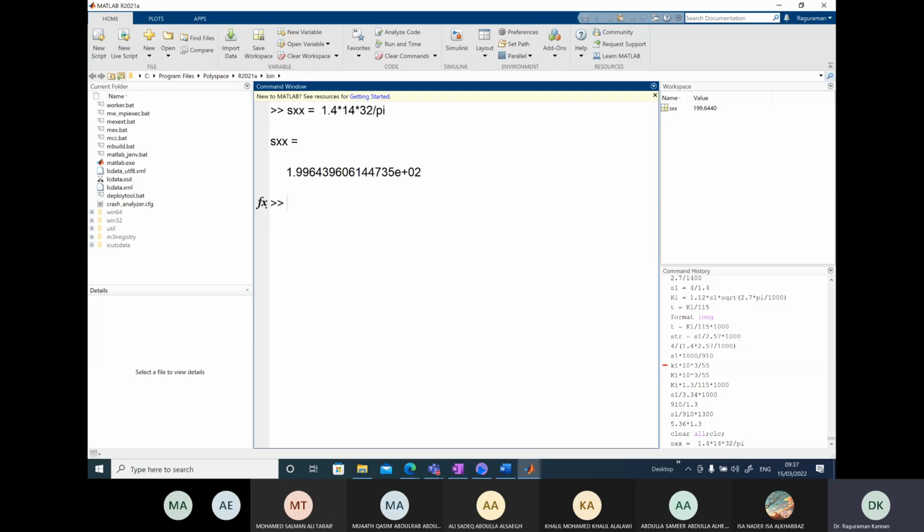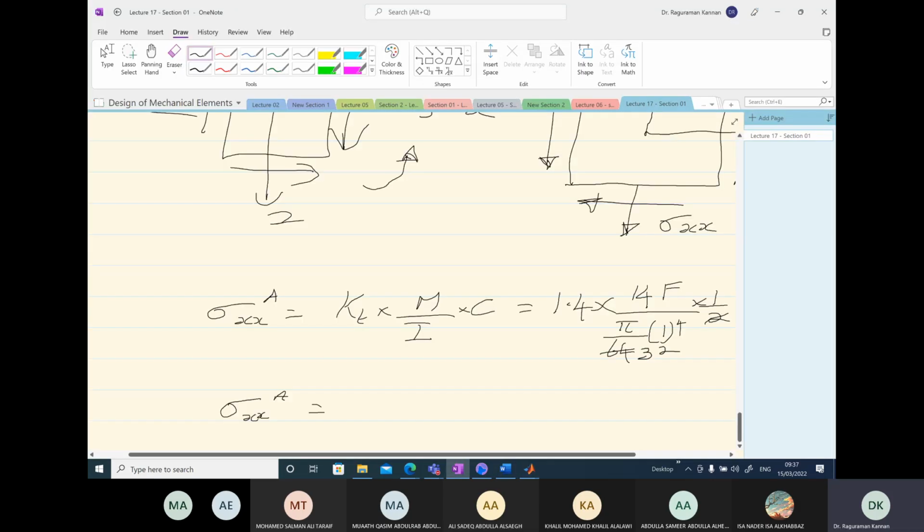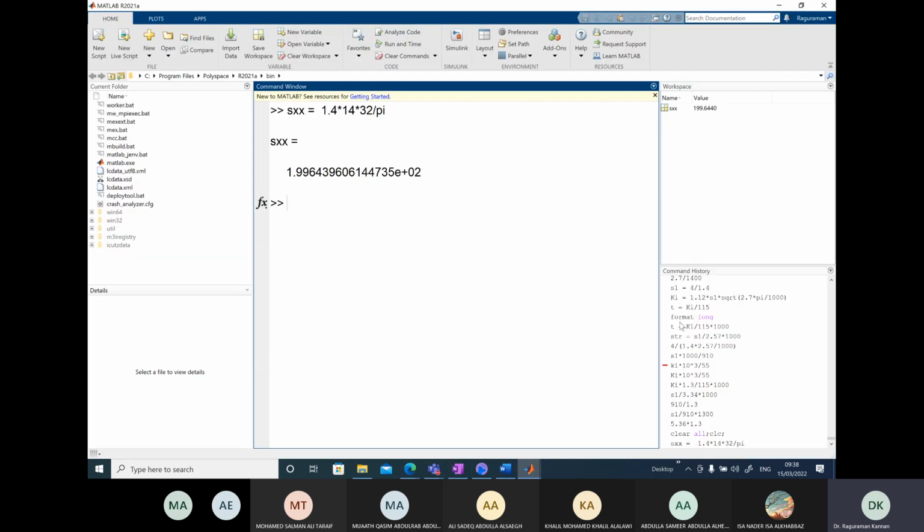That gives us the sigma xx value. Here we need to be a little bit careful about the units. This is inch to the power 4, and this is inches, and we get inch cubed in the denominator. However, for your moment, we have taken all distances in inches, so it will be pound inch, and pound inch per inch cubed will give pound per inch squared. But we want it in kpsi.